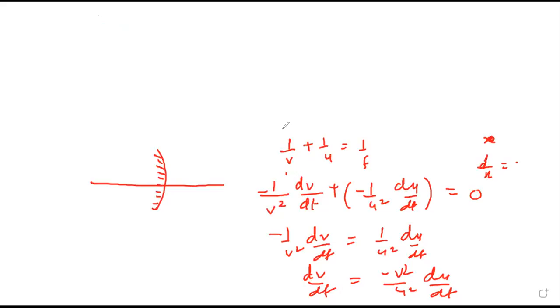Just copy this much, then I'm doing further. dv by dt is minus v square upon u square du by dt.